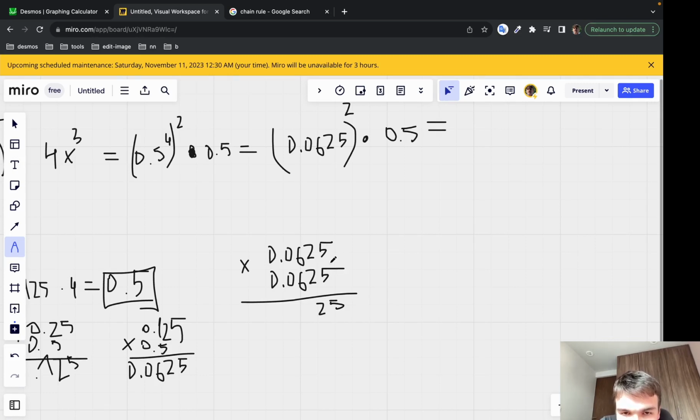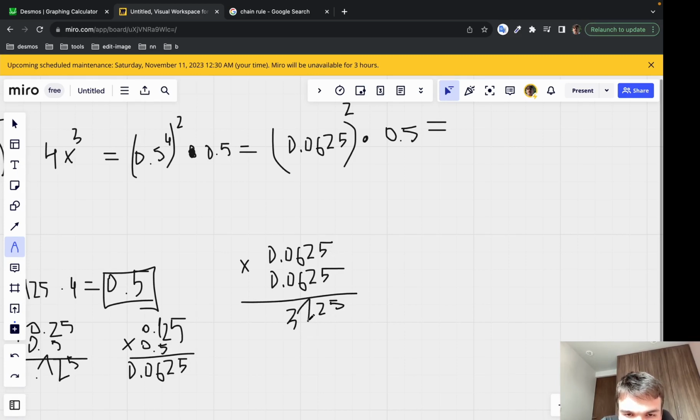So 2 is going to be here, 5 multiplied by 6 is 30, and then plus 1 is 31. So we got 3, 1, 2, 5. Then we go here, 2 multiplied by 2 is 4.